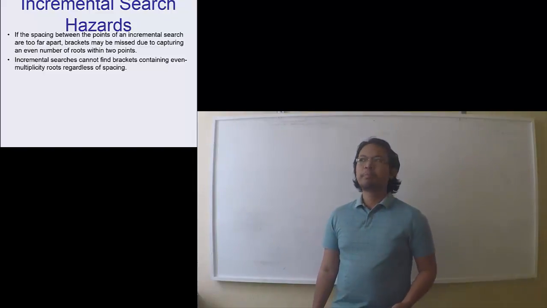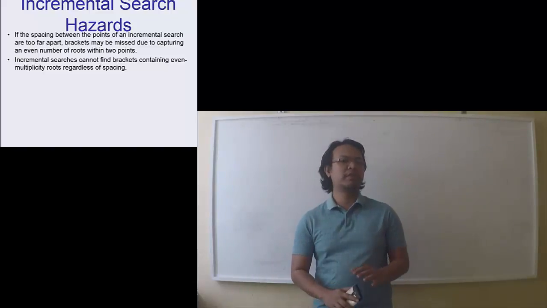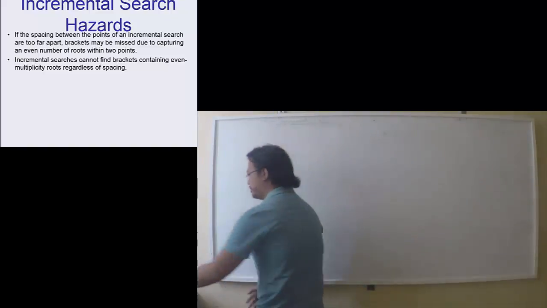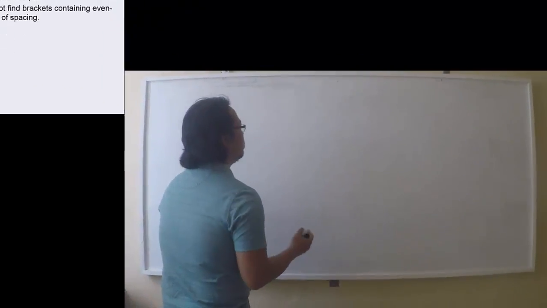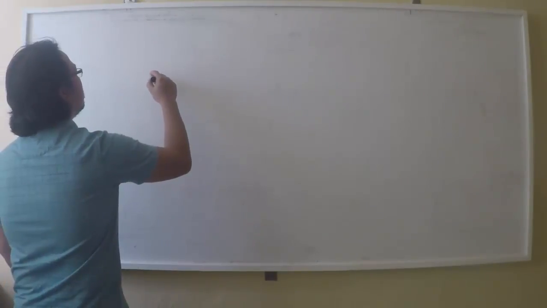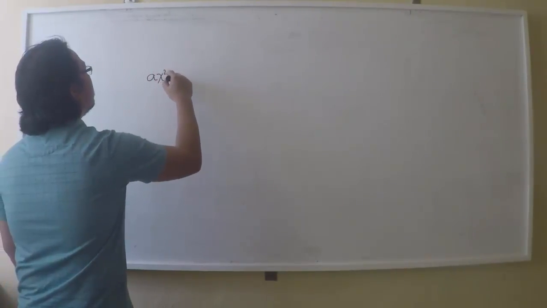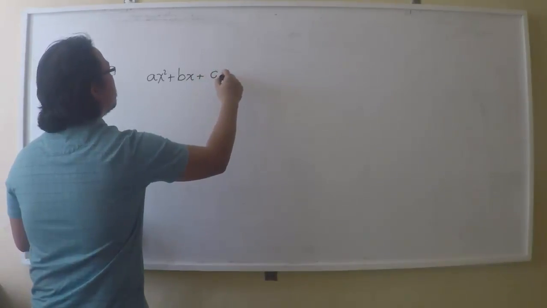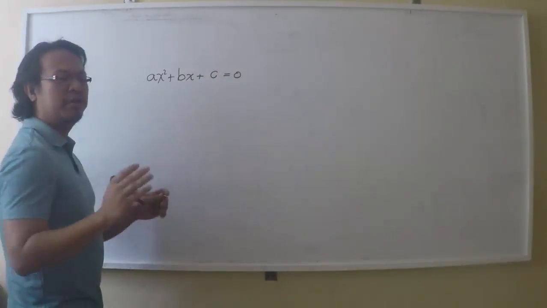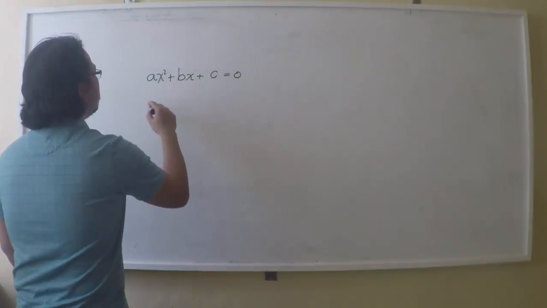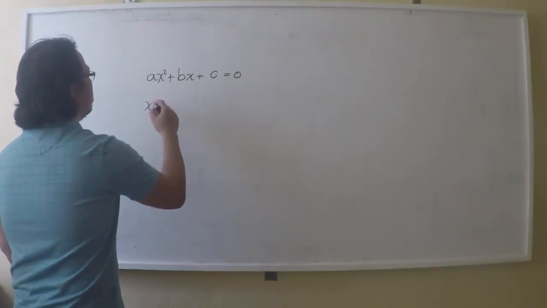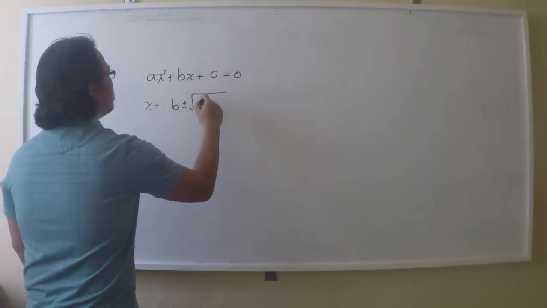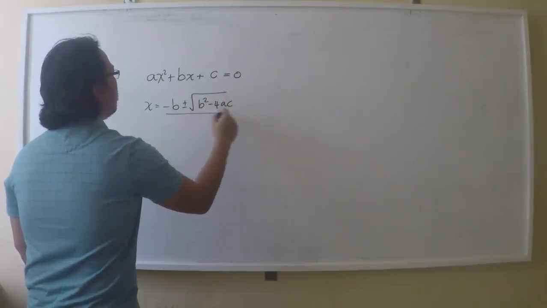It means that, if you can remember, in a very simple quadratic equation, for instance ax squared plus bx plus c equal to 0, to determine the roots of this function we simply write x is equal to negative b plus or minus the square root of b squared minus 4ac, over 2a.